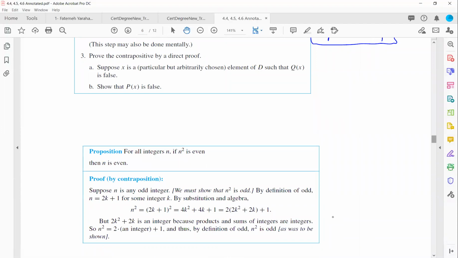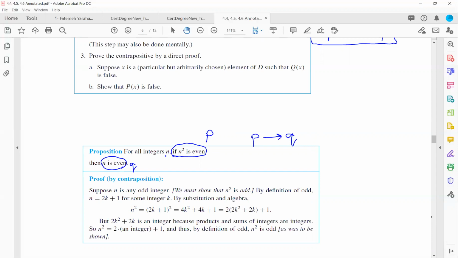This proposition says for all integers like n, if n squared is even, so this is your P, then n is even. So you're trying to prove P, then Q, which is not easy to prove.